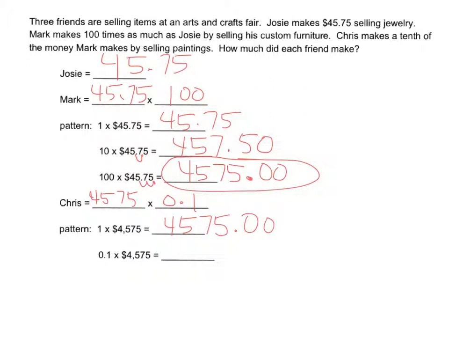When I'm moving over for the tenth, 1/10 times 4,575, my decimal point is going right here. 457.5, I need a 0. So Chris made $457.50. Mark had $4,575. Josie had the $45.75.